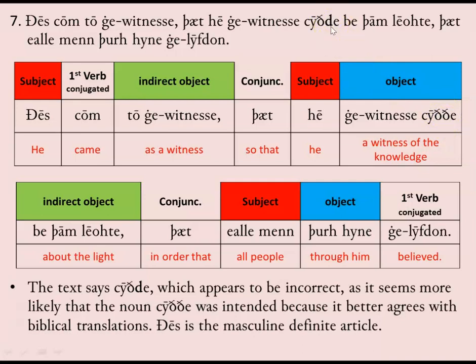Now, as it's printed, it has D in there, which makes it kuth there. Okay, so I've got a feeling that's actually a noun, witness of the knowledge, and so that's why it comes under object. And then about the light, tham is dative, and be takes a dative object, so leochte is in the dative, so that all makes sense. That's all indirect object. That looks like what was intended is not kuth there, but kuthe. Your witness kuthe, okay, which is the object. Now I could be wrong about that, and later on there's another interpretation I'll show you.